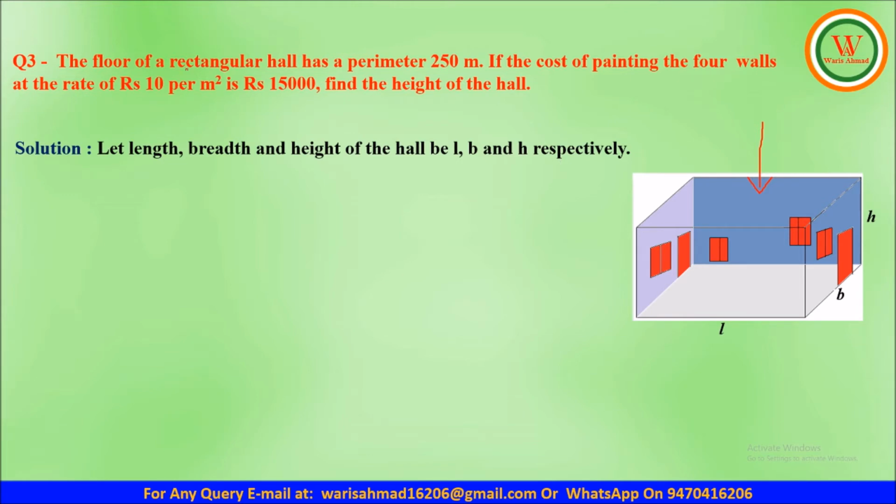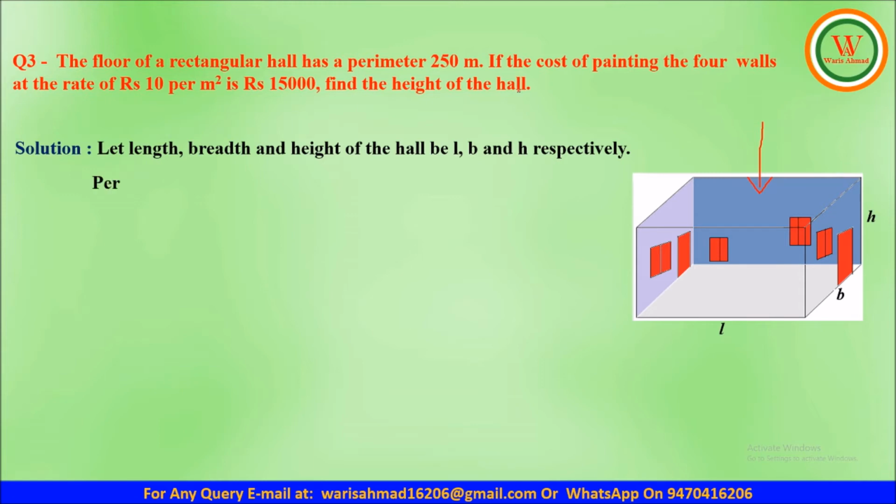Now let us see the very first line of the question. The floor of a rectangular hall has a perimeter 250 meter. So in the second line we can write here, perimeter of the floor of the hall is 250 meter. As we know, the perimeter is always equal to 2(L plus B).